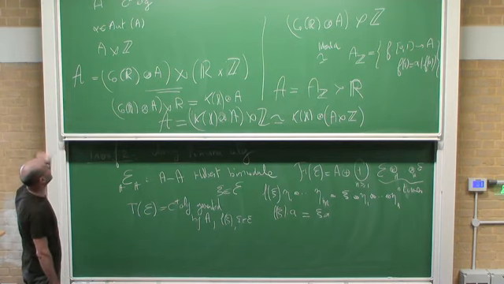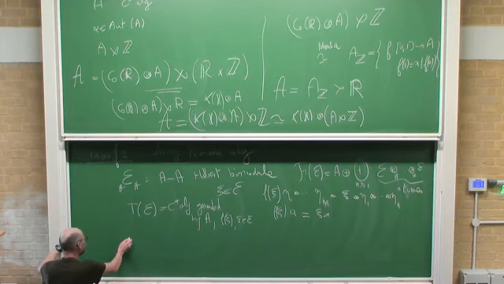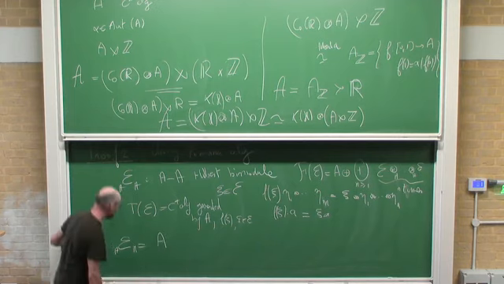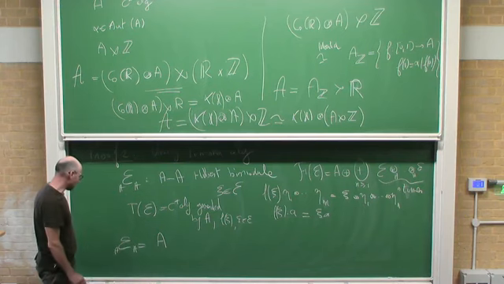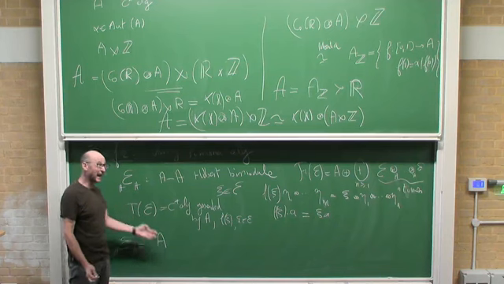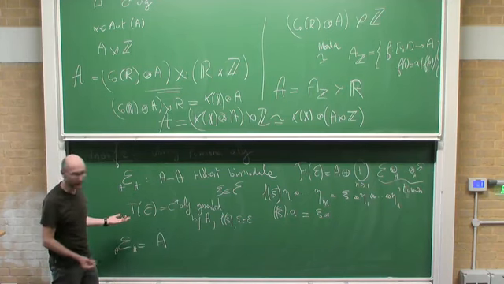Okay, so with that, what about the cross-product here? Of course, if you take this particular module, so you take A as an A module, and I act on the left by alpha.